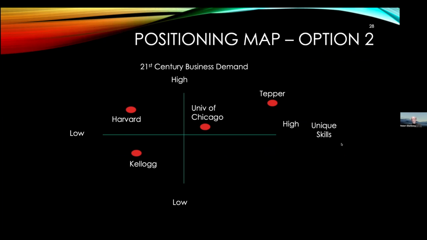Is the recruiting world, and it may be a segment of the recruiting world, going to start wanting to find people who have a 21st century business education and unique skills? If we look at the map on that, Harvard's going to be low. It's going to have a moderately sophisticated education. Kellogg may be a little lower, then the University of Chicago, and here's Tepper.